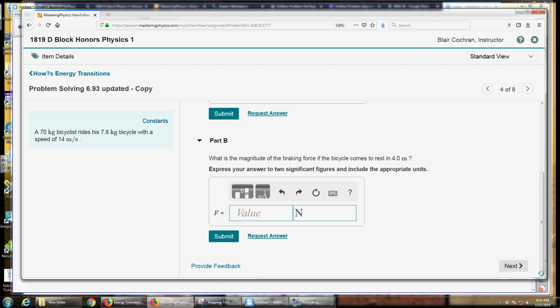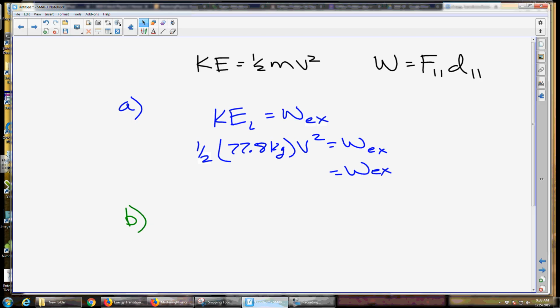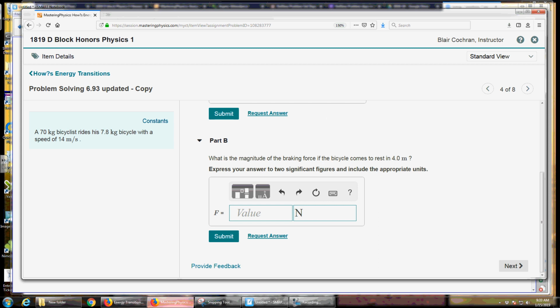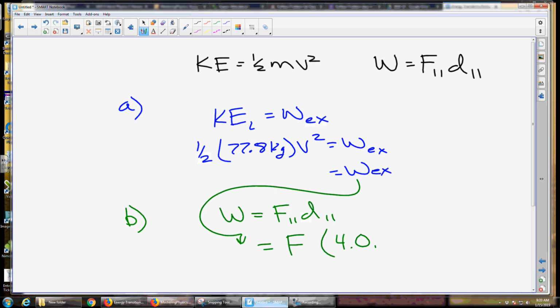What is the magnitude of the braking force? So, I have my answer from previous. F is what I'm looking for. For me, they tell me my braking distance is 4.0 meters.